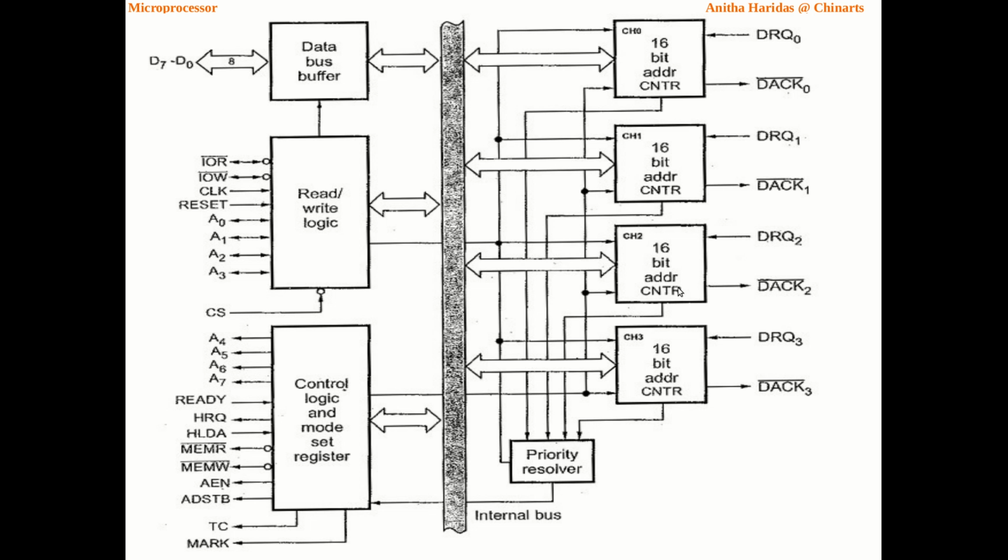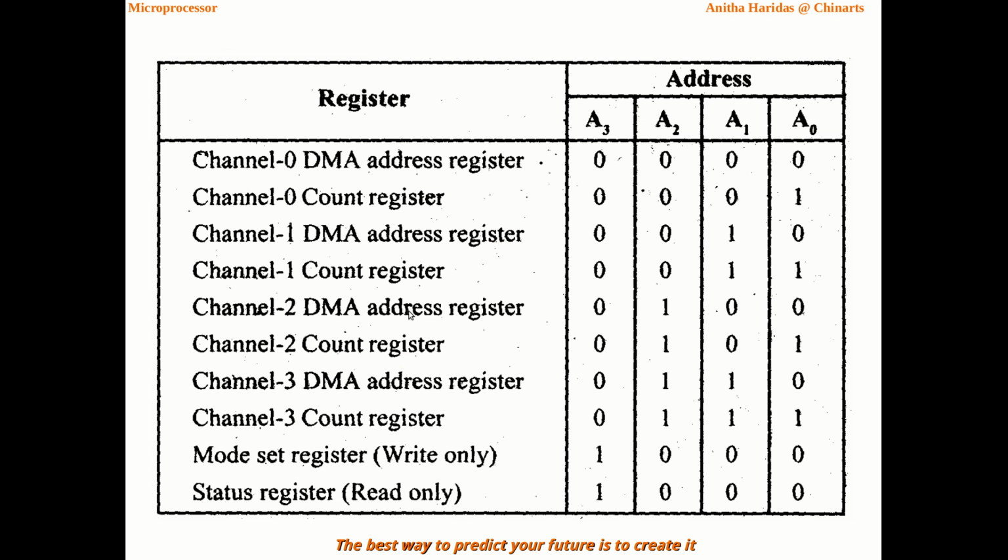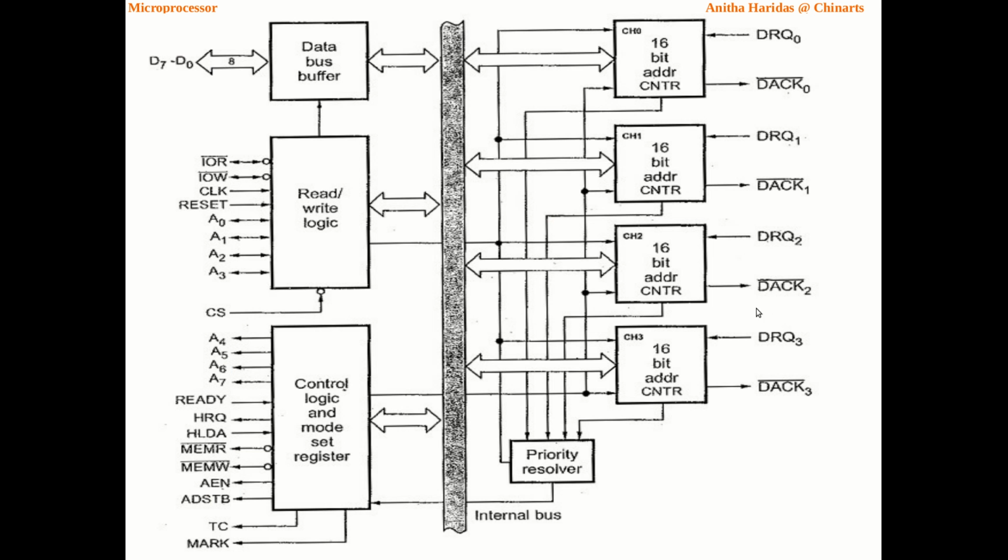So it has to send the channel 2 address register's address. What is the address here? 0100 is the address which has to be sent through these 4 lines. When the address 0100 is sent here, channel 2 will be activated. Now channel 2 is ready to receive the data from the CPU.